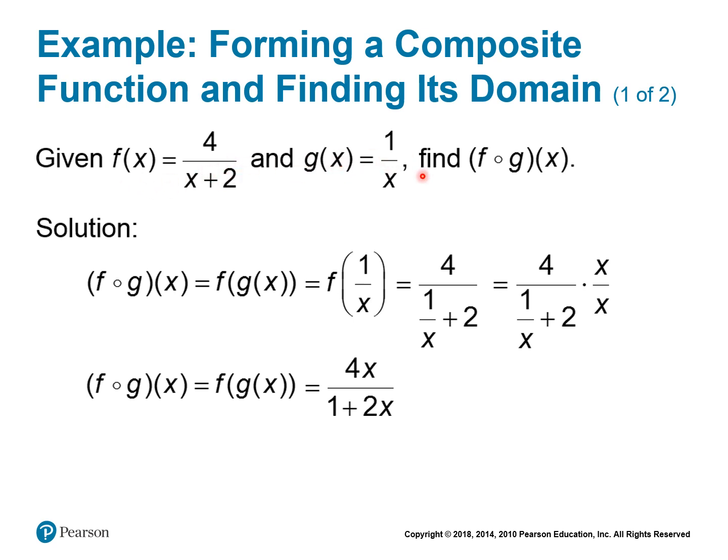They involve division, and domain restriction usually happens in the case of division or radicals. So that's why they worked out an example which involves division. We have f of x equals 4 divided by x plus 2, and g of x equals 1 divided by x. Find f composition g of x.